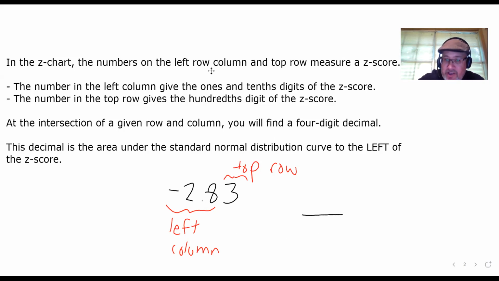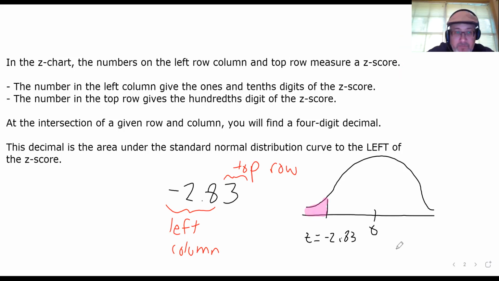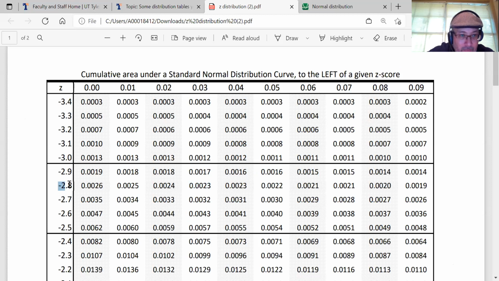So if I were to draw a standard normal distribution curve, which has 0 in the middle by definition, and we look at z equals negative 2.83 right here, then this area to the left is located inside of the z table. Let's go back to the z table for a second. The negative 2.8 row is here.